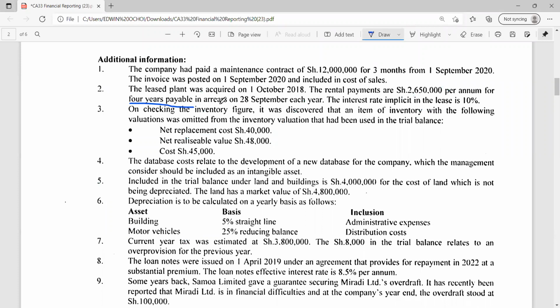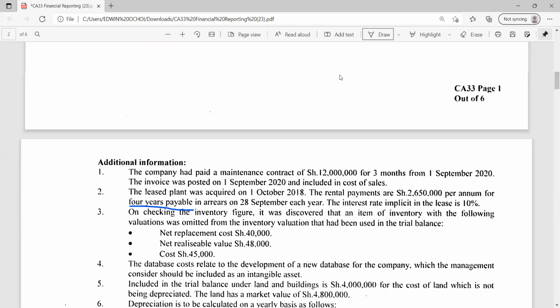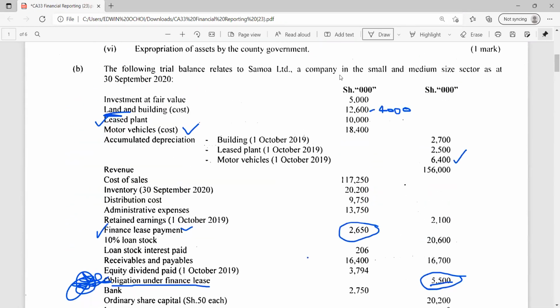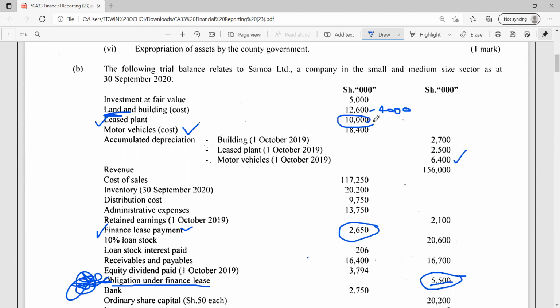Other than the obligation which we just did on how they were supposed to pay, the risk plant was stated at 10,000. Remember that for your depreciation, you have to use the total value of the plant at which it was stated.